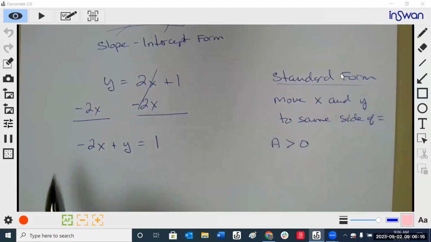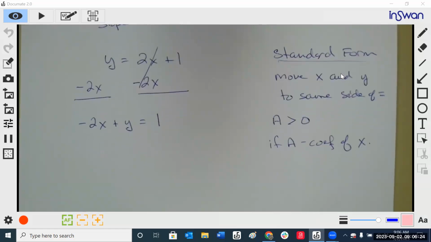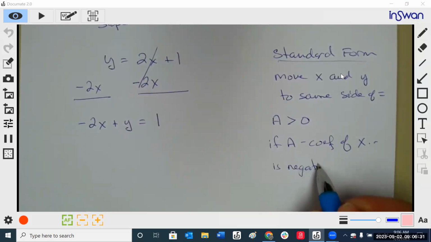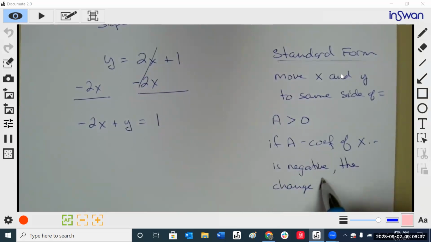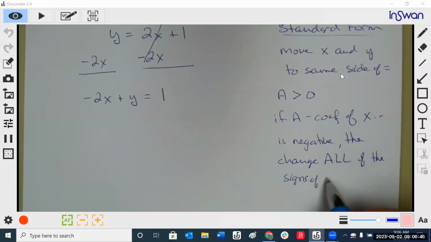How do you get a positive? If a is the coefficient of x, and a is negative, then change all of the signs of the equation.